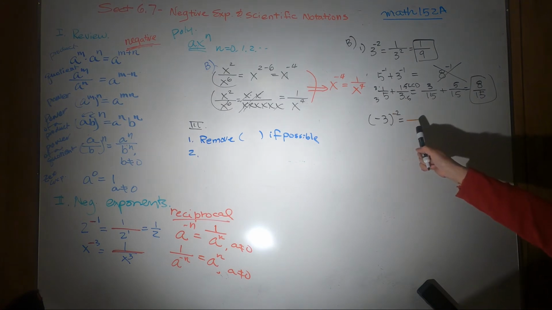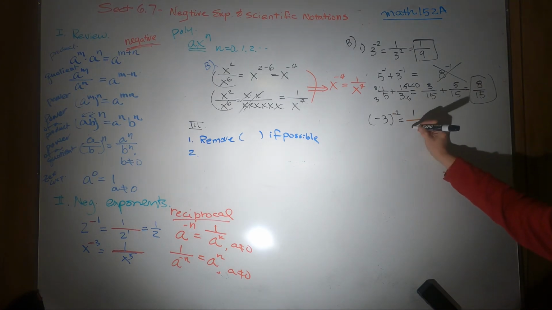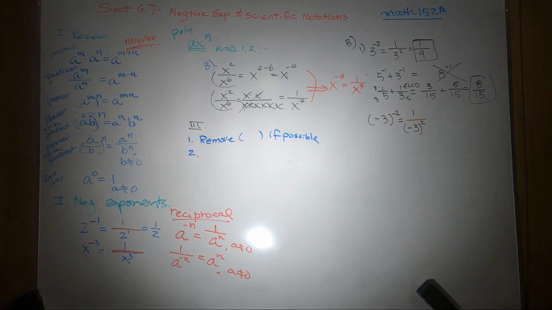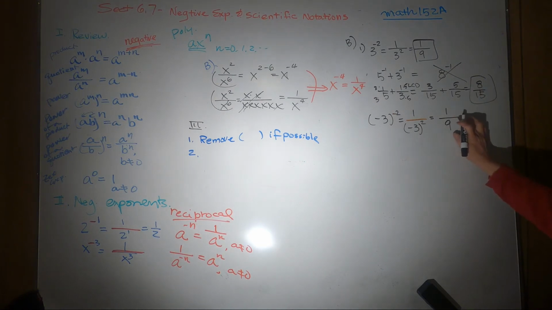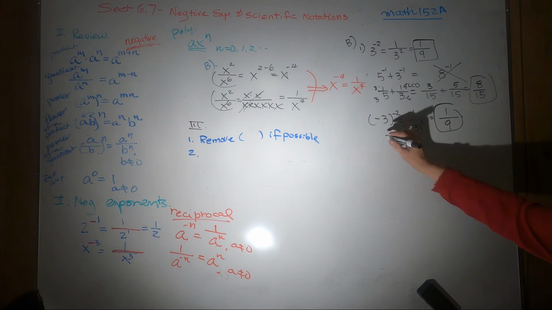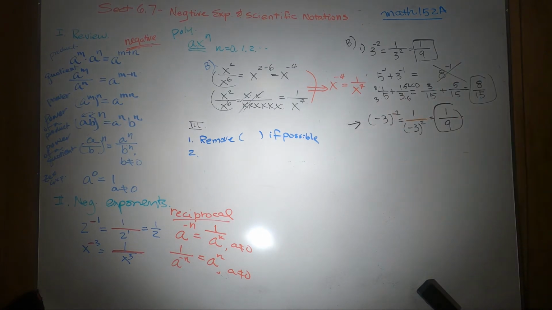If you change it to the reciprocal, it should be what? The whole base taken to the second power, right? Then negative 3 times negative 3 will be what? Positive 9. So that would be the answer for this.